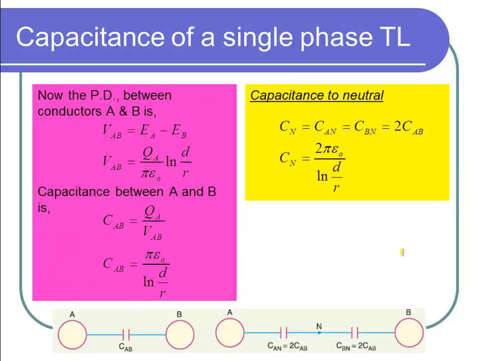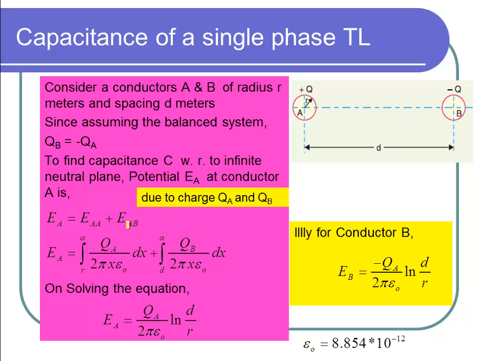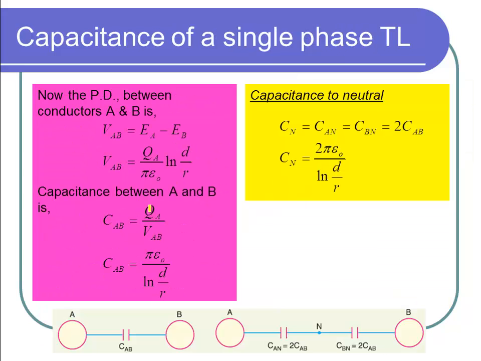Now if you want to calculate the capacitance effect between the two conductors, then we have to take the potential difference between the two conductors. The potential difference VAB, instead of EAB, here we consider VAB, because in the earlier slide we mentioned EAB; that's why here we are putting VAB, the potential difference.